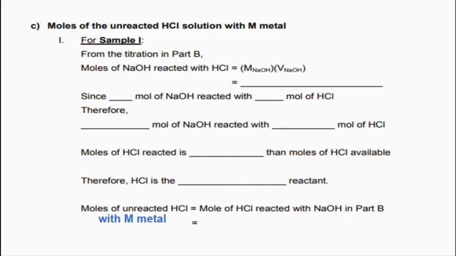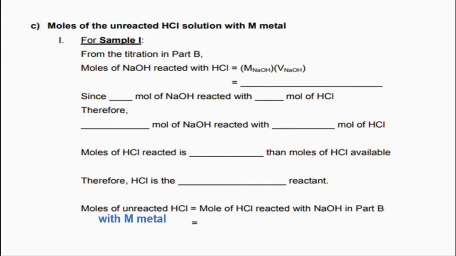And what happened then in the conical flask, this HCl reacted with this metal M. And for your information, the metal M that you were using in that reaction was not enough, so it will be the limiting reactant. So since M was the limiting reactant, what will happen at the end of the reaction?